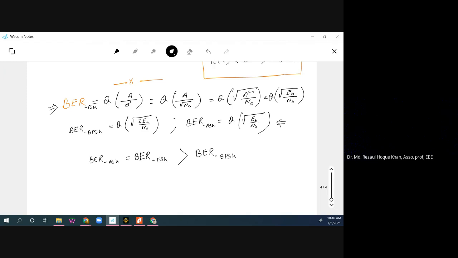Right? So BPSK has a 3 dB power advantage. For the same bit error rate, ASK and FSK need 3 dB more power than BPSK. This was the conclusion for ASK, and it is the same conclusion for FSK. We have seen it in our ASK solution, right? For the same bit error rate, ASK or FSK need 3 dB more power.